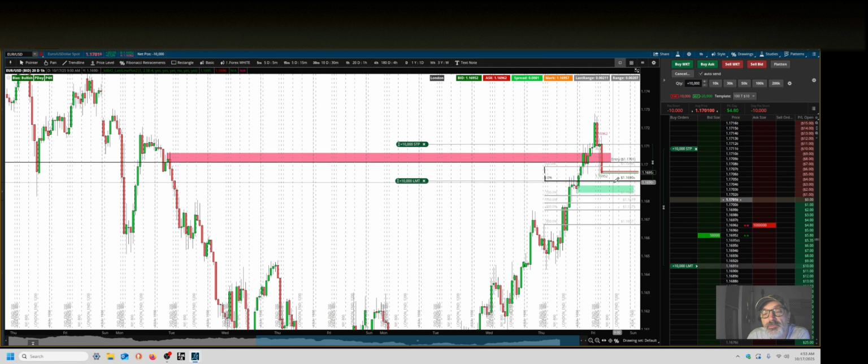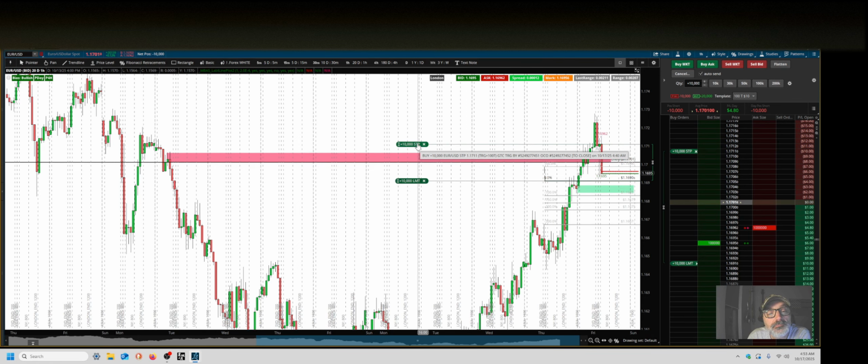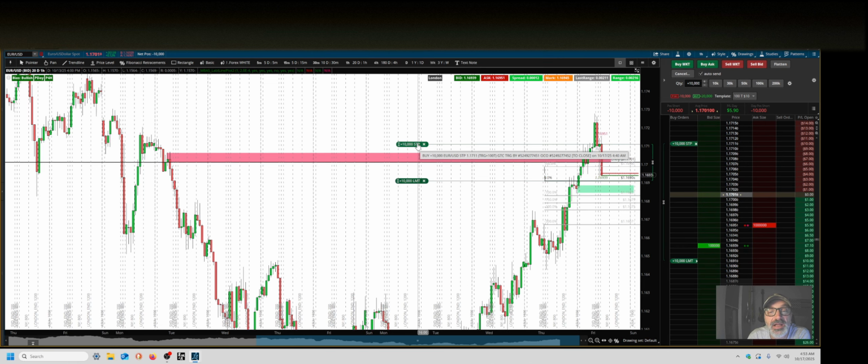So we'll see. 1701, 690, right? So this is, I believe, a 10 tick stop or a 10 pip stop limit. Yeah, that's what it is.